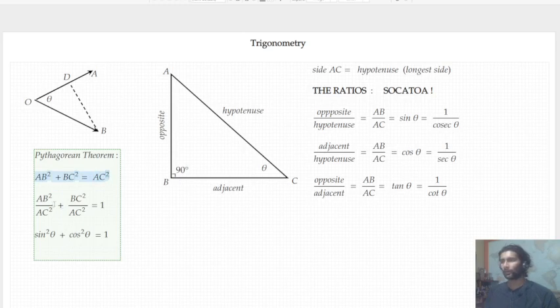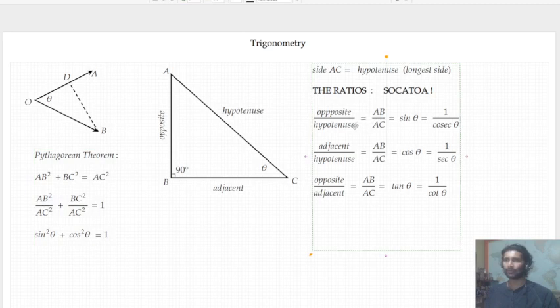So what I have got is AB square over AC square plus BC square over AC square equals 1. But what is AB square over AC square? If we look carefully, it is actually the opposite side square over the hypotenuse side square, that is sine square of theta. So I have written sine square of theta.